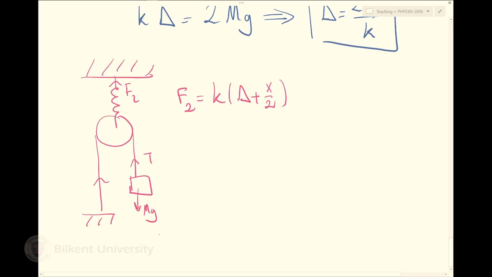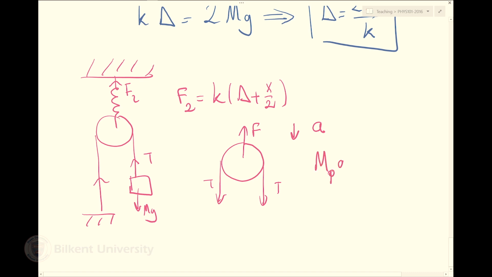How about the dynamical equation for my M? Now, let's start with the pulley. It will be pulled down by 2T and pulled up by F2. Will there be an acceleration of my pulley when I'm accelerating this mass? Yes, there will be an acceleration, probably down if M is moving down. But what's Newton's equation here?